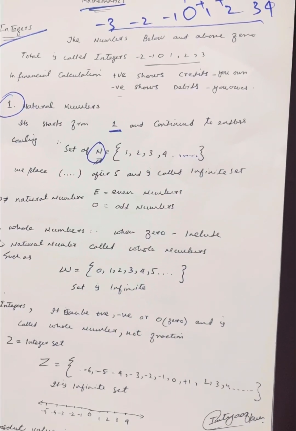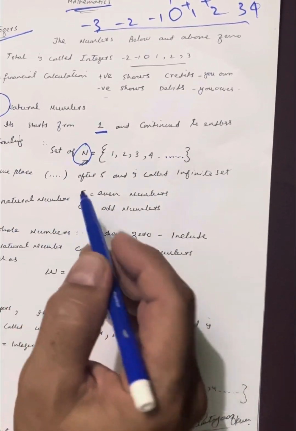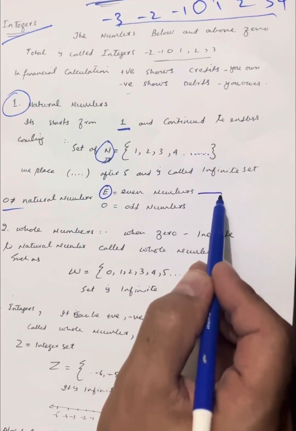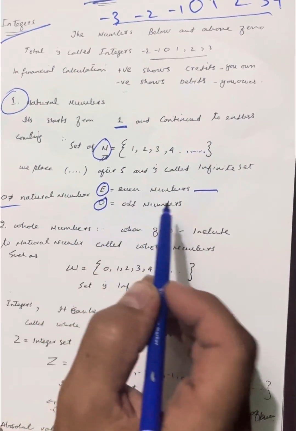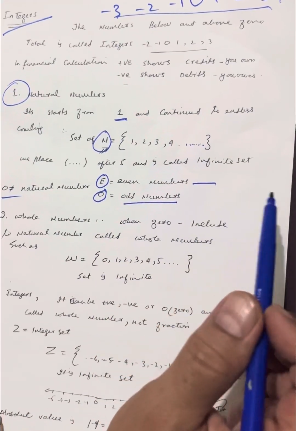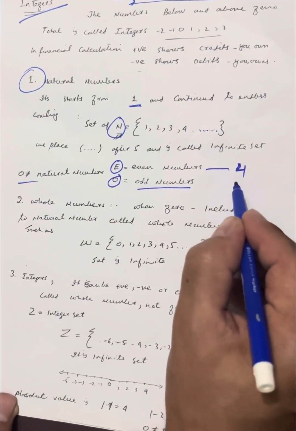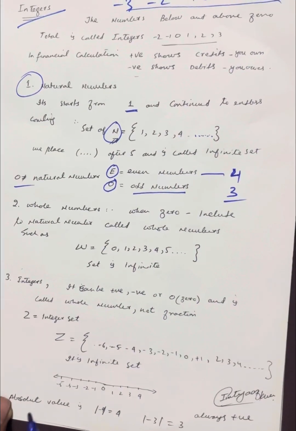E represents the even numbers in the naturals, and O represents the odd numbers. Like 4 is even and 3 is odd.